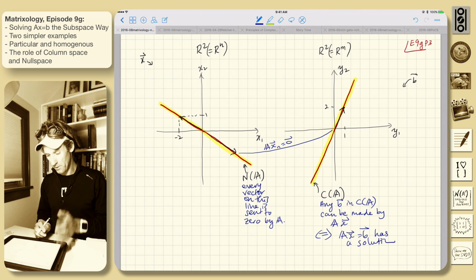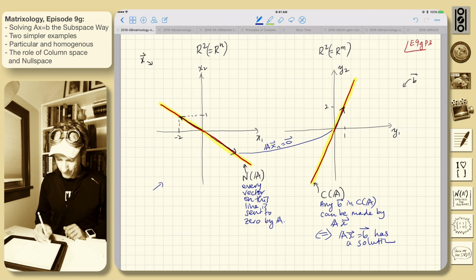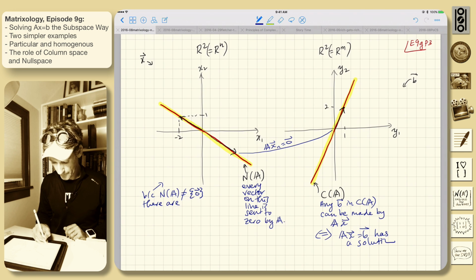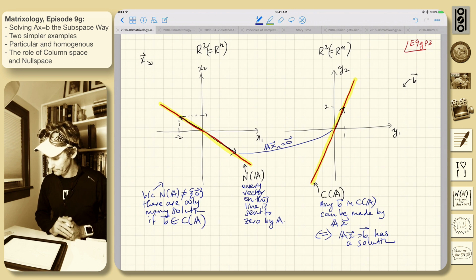And because the null space is not 0, there are infinitely many solutions if the vector b is in the column space of A. So let's look at our two examples.